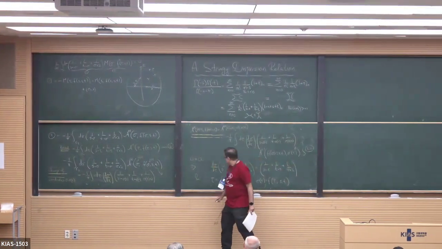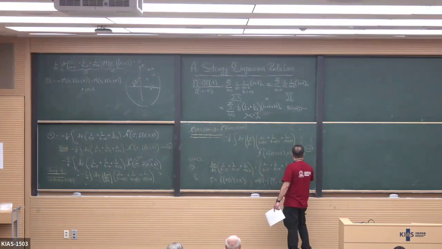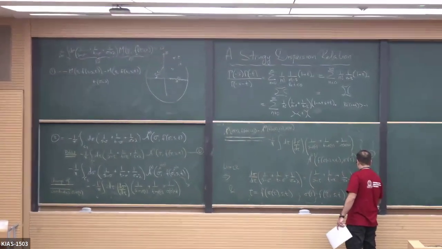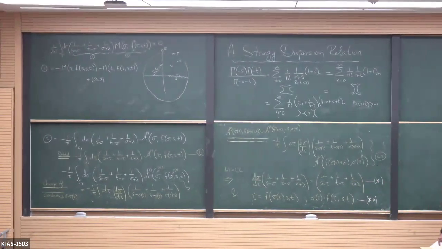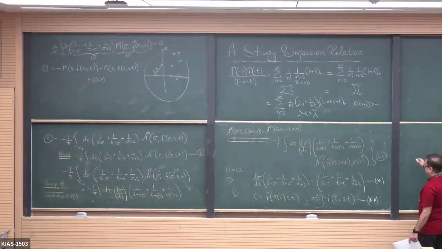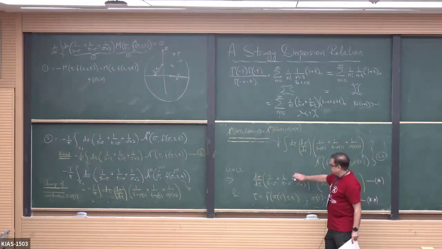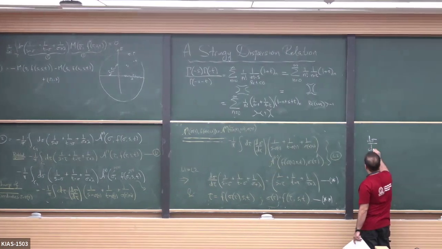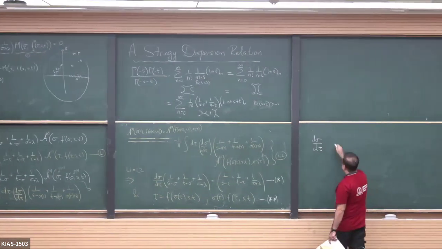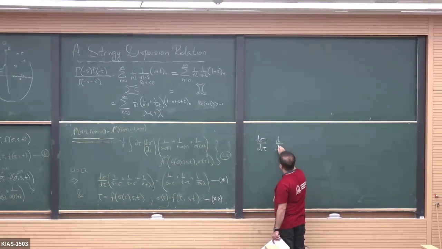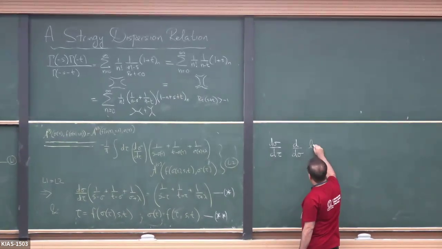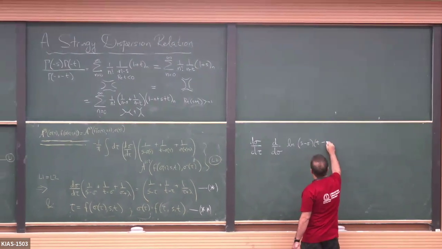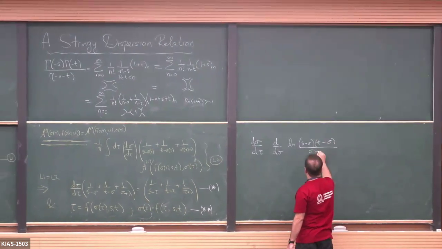Okay. So let's consider the first equation. I will call them conditions star and double star. So this guy can be written as, there's a trick. We are going to write this as d d sigma of log of s minus sigma, t minus sigma, divided by sigma plus lambda.